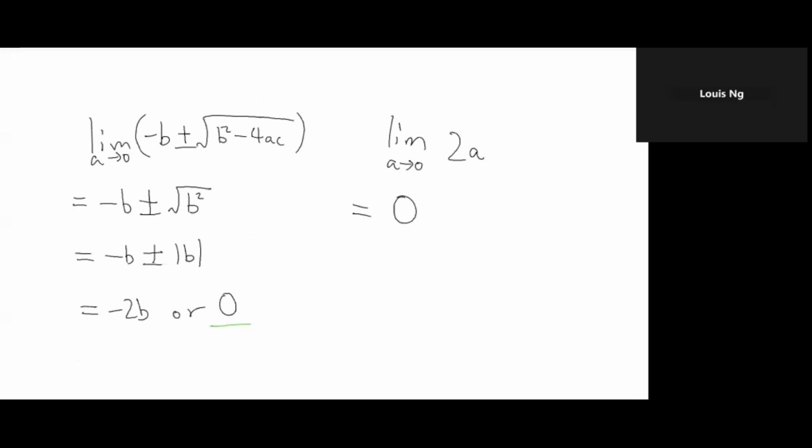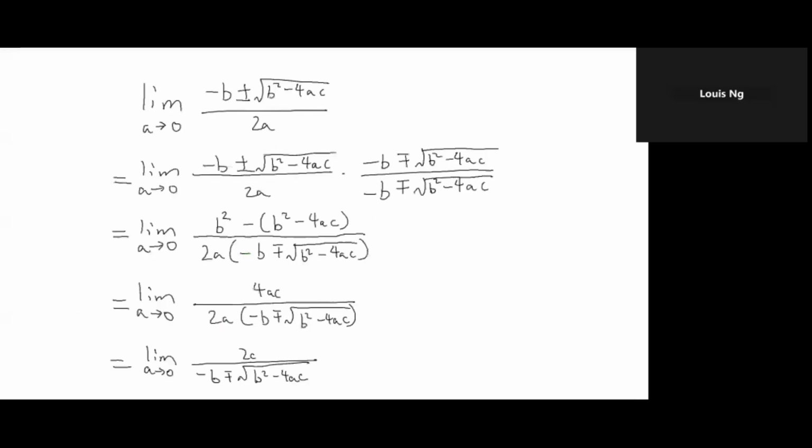And since the square root of b squared is the absolute value of b, we need the plus or minus the absolute value of b to have the opposite sign of negative b so that it will actually cancel out and give you 0. So we want the plus or minus absolute value of b to end up being plus b. This is going to be important later, so keep a mental note of that.